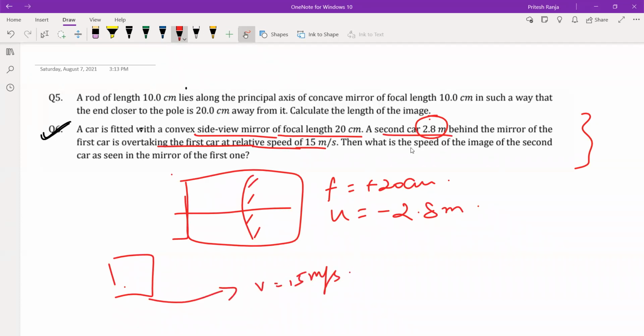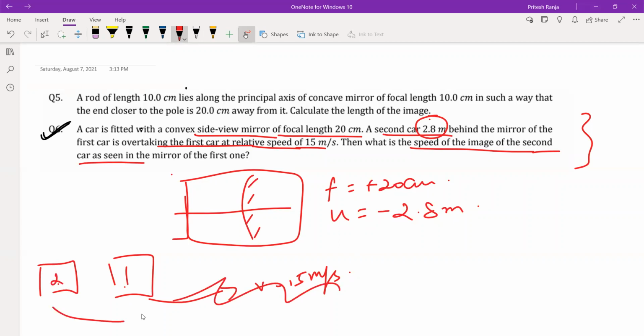Then what is the speed of the image of the second car? Let's say this is the second car, this is the first car. So what is the relative velocity? 15. So you have to find the speed of the image of the second car as seen in the mirror of the first one.